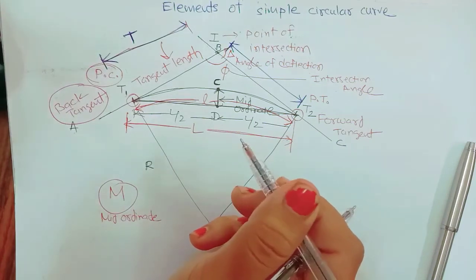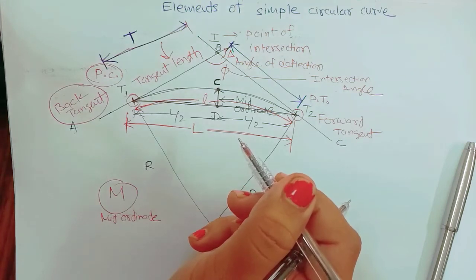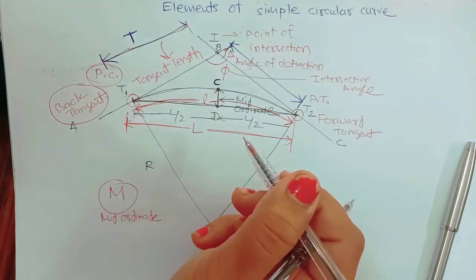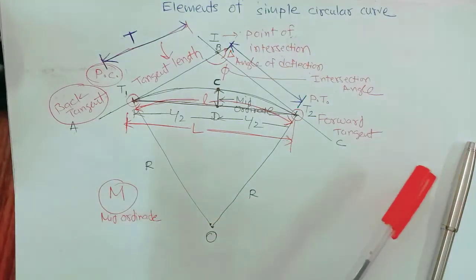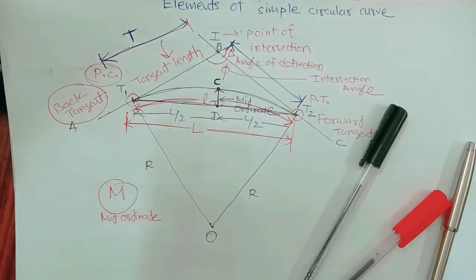Now external distance. Okay, capital E, external distance. Or you can say apex distance, external distance and the apex distance.